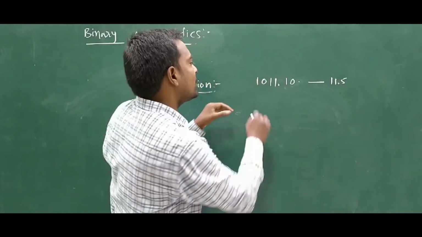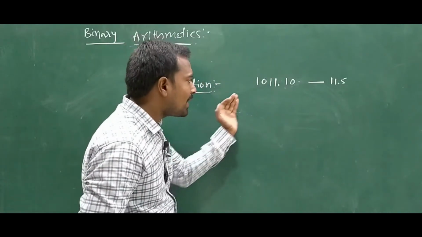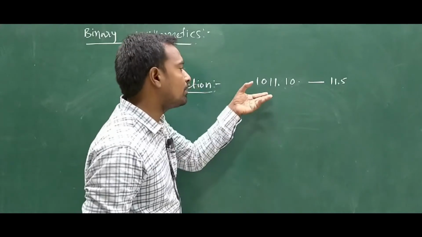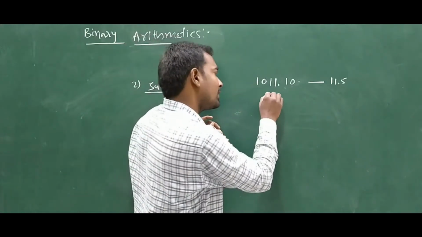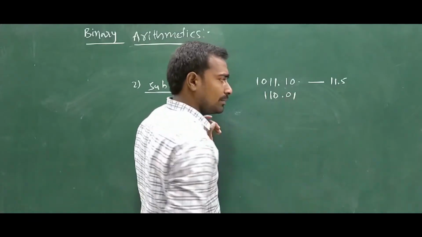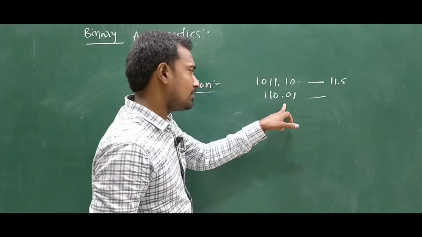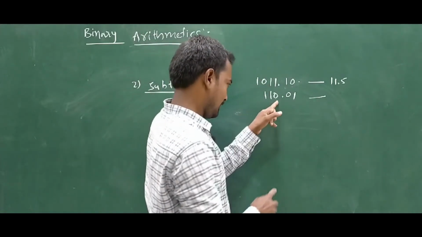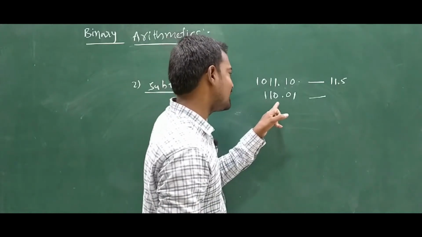Here this is the higher value, and we have to subtract the lower value from the higher value. So here I am taking 110.01, which in terms of decimal is 4 plus 2 plus 1 by 4, that means 6.25.